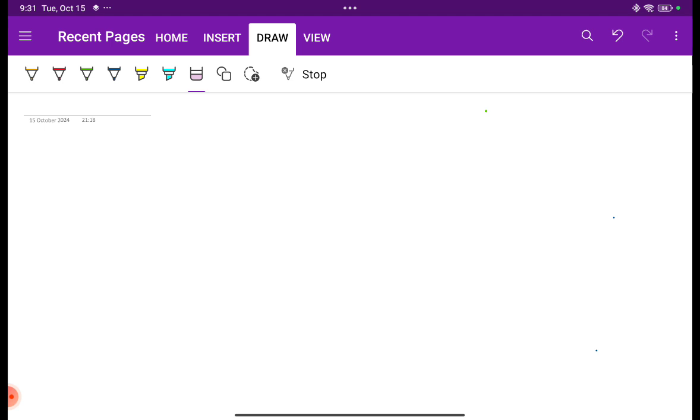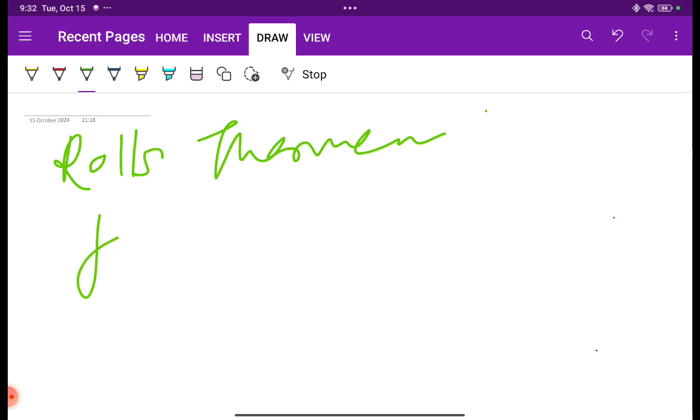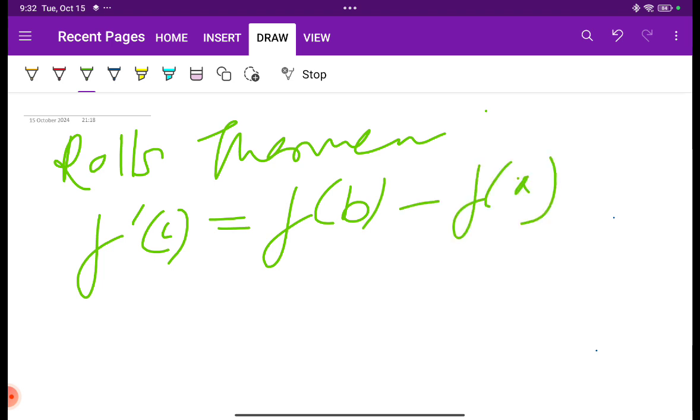Now, further we examine our theory. There is a special case of the mean value theorem which is called Rolle's theorem. In the mean value theorem, if a function of this type exists, then we say its average slope.